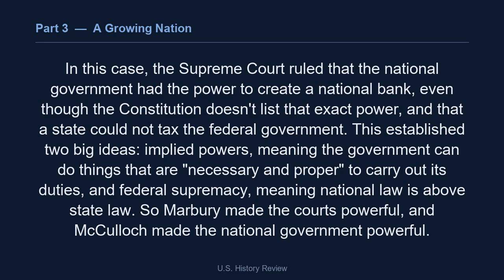This established two big ideas: implied powers, meaning the government can do things that are necessary and proper to carry out its duties, and federal supremacy, meaning national law is above state law. So Marbury made the courts powerful, and McCulloch made the national government powerful.